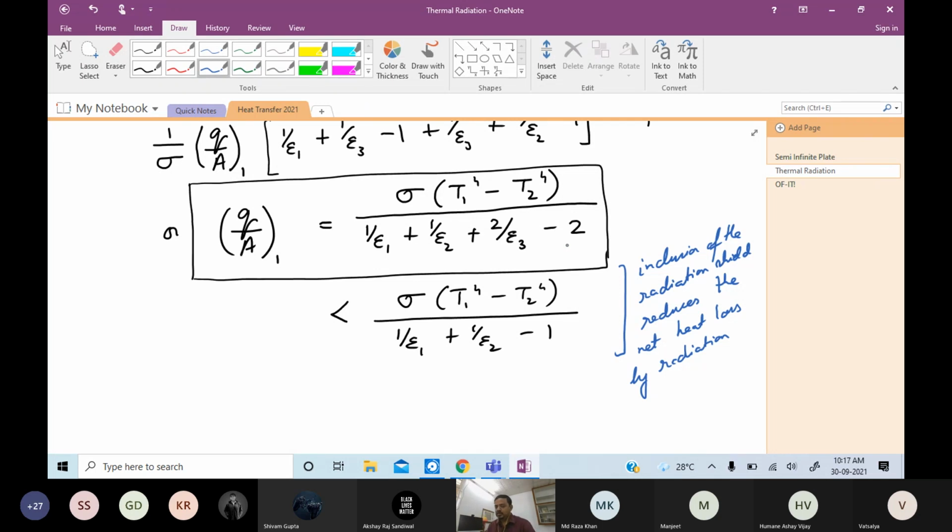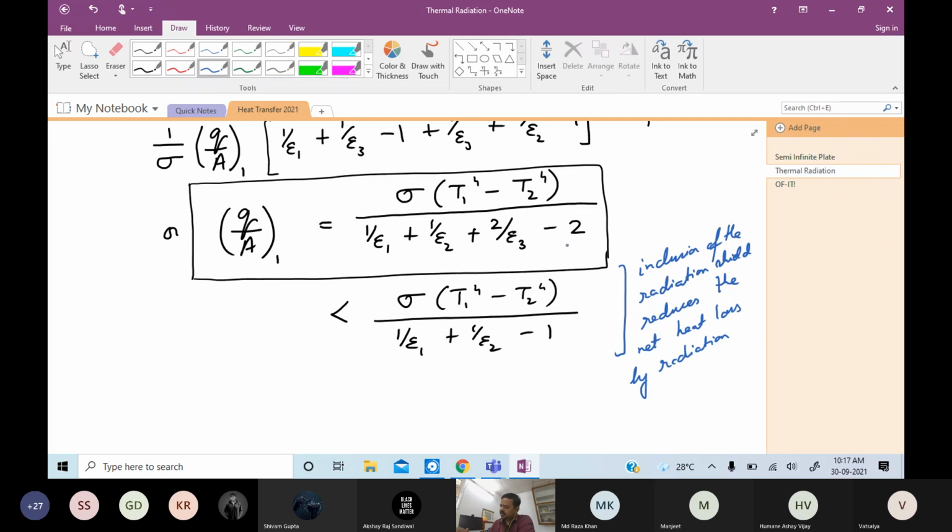Actually, when people put radiation shields, there's a series of them, one after the other. And what you see is each shield in turn reduces the heat loss. If you have another surface with epsilon 4, you will have plus 2 over epsilon 4 minus another 1.